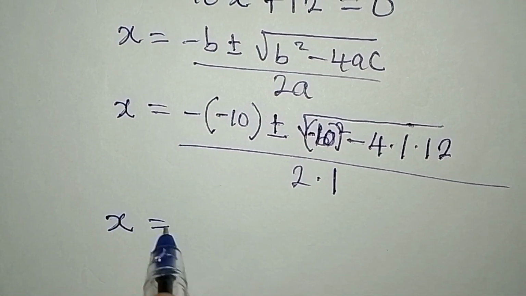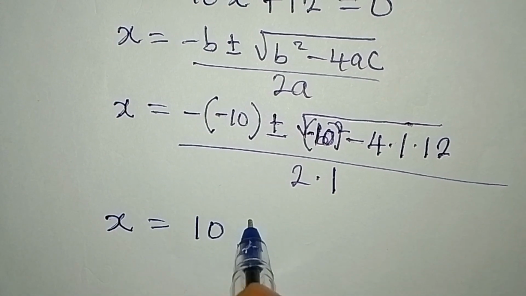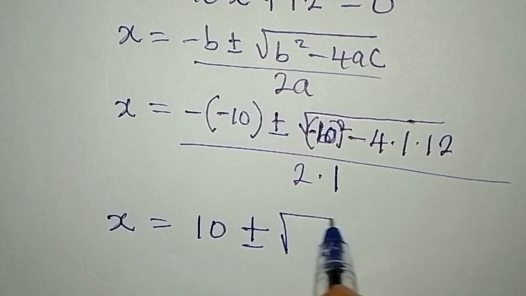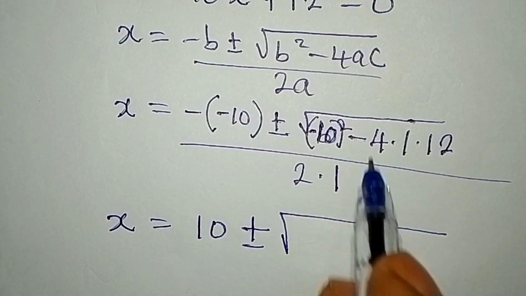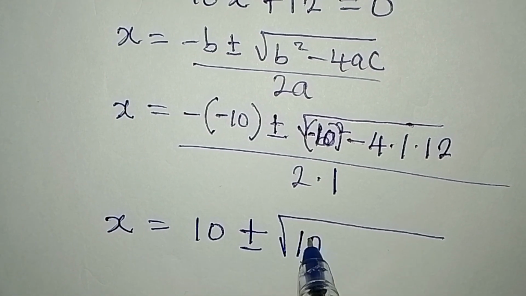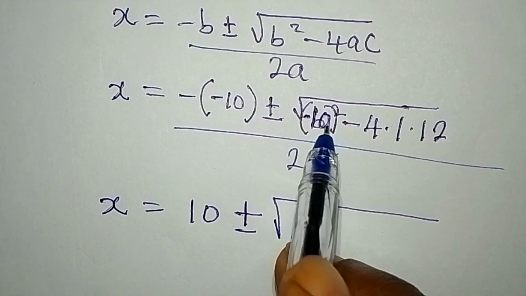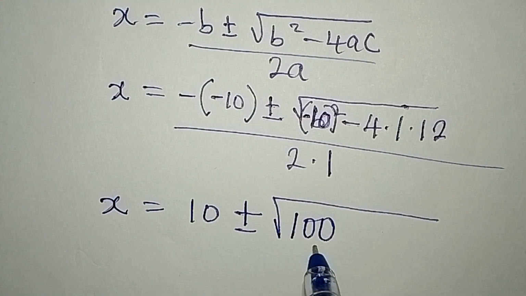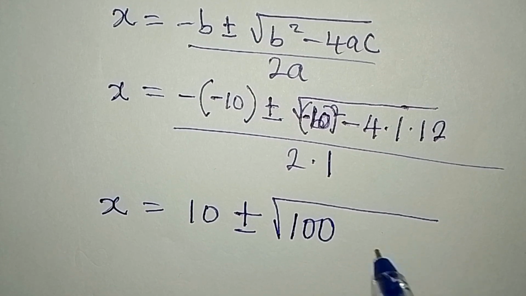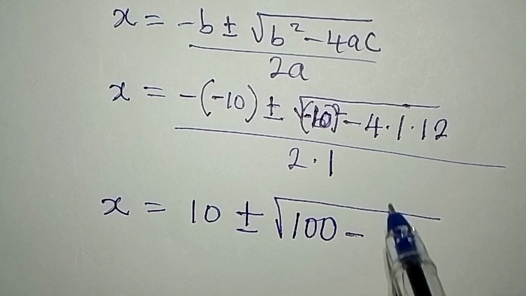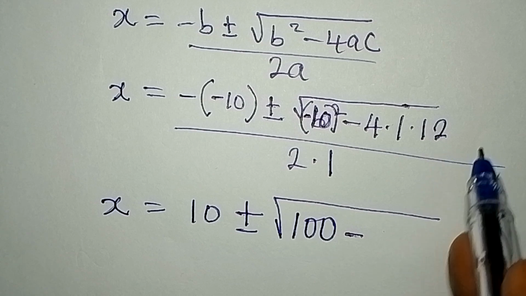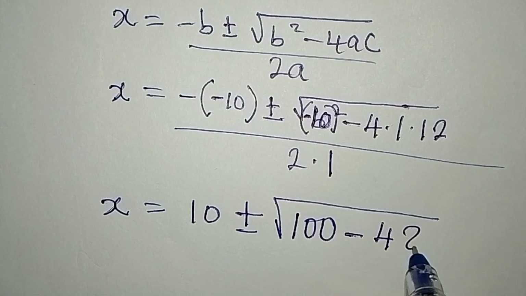Now x is equal to 10 plus or minus the square root of, minus 10 squared will give us positive 100. But if you do not have the bracket there, it will give you negative 100, and that will give you a wrong answer. Minus 4 times 1 times 12 will give 48, right?